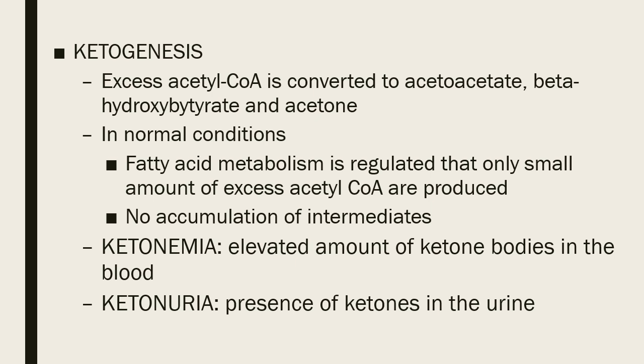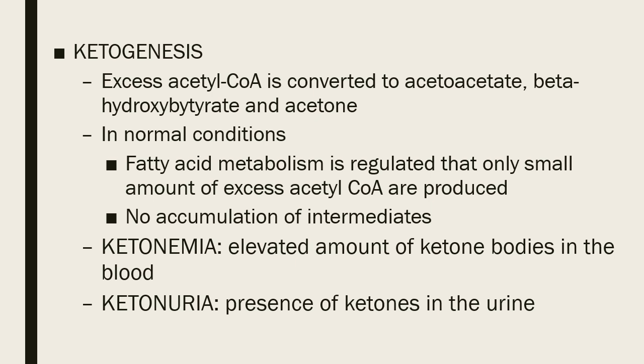Okay, and so in normal conditions, your fatty acid metabolism is regulated so that only a small amount of excess acetyl coenzyme A is produced, thereby preventing accumulation of the intermediates. Okay, and so if you have much excess acetyl coenzyme A, your ketogenesis will take place.